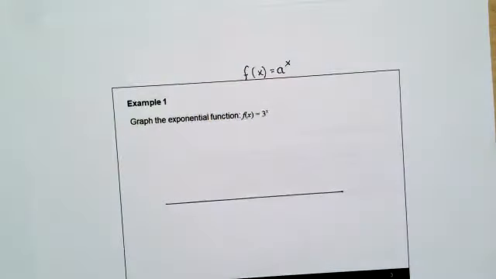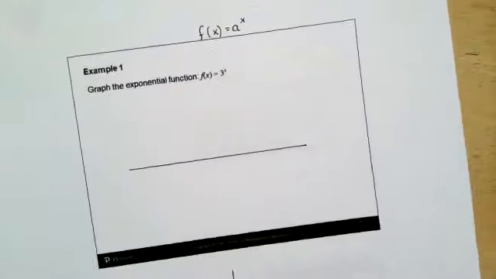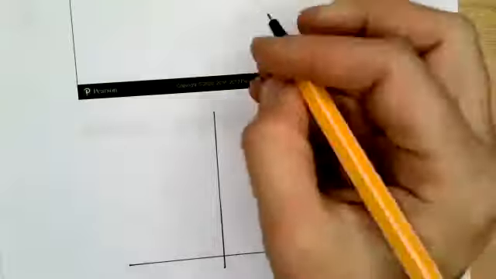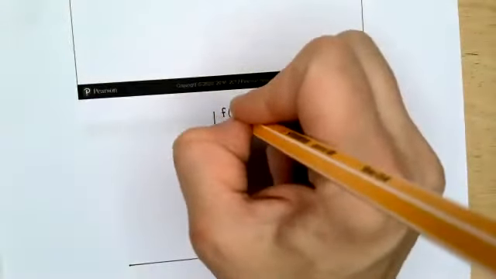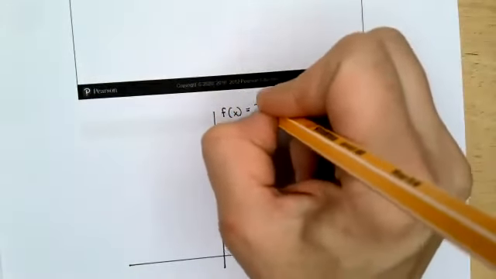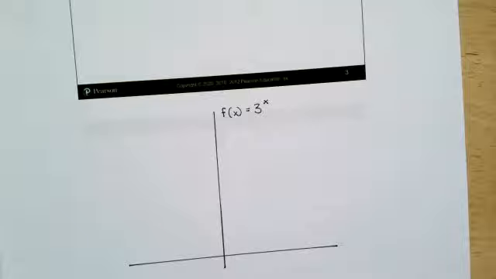If a is greater than 1, it's growing. Good. I know it's going to go through the point (0, 1). So this is the graph of f of x equals 3 to the power of x.